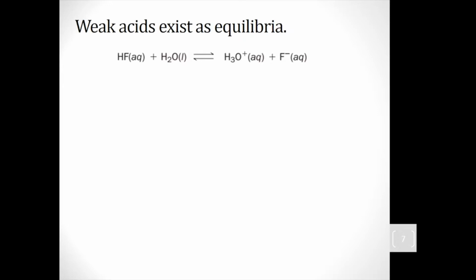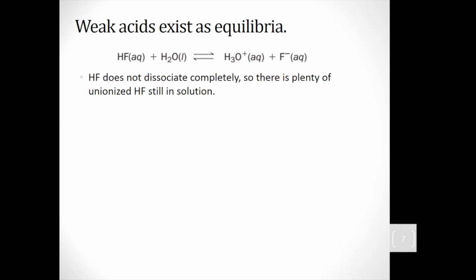So HF plus H2O would be in equilibrium with H3O plus and F minus. There is still HF in solution. And for weak acids specifically, that equilibrium is going to lie to the left. It will be mostly unionized HF and just a little bit of ionized HF.